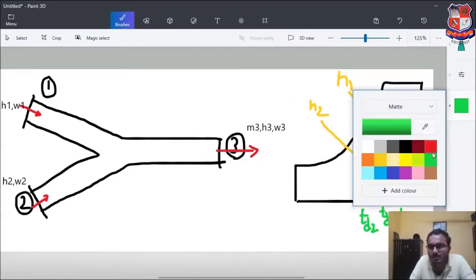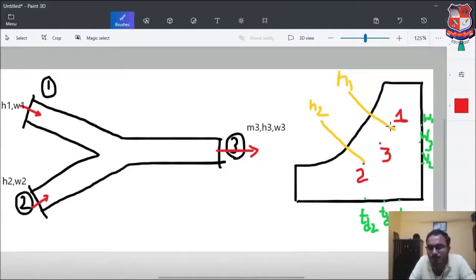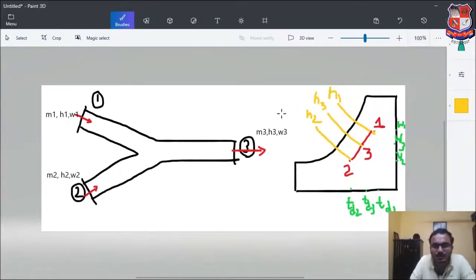Okay, so this is the process which is happening, and the value of enthalpy at the exit will be H3. Okay, so this is the mixing of two air streams.